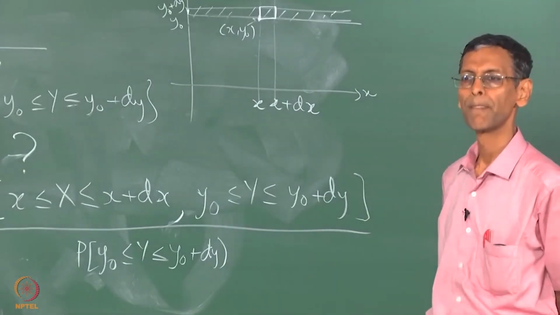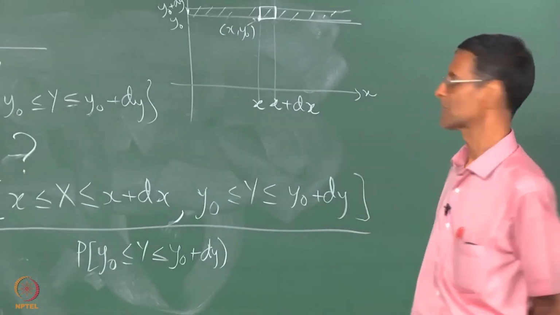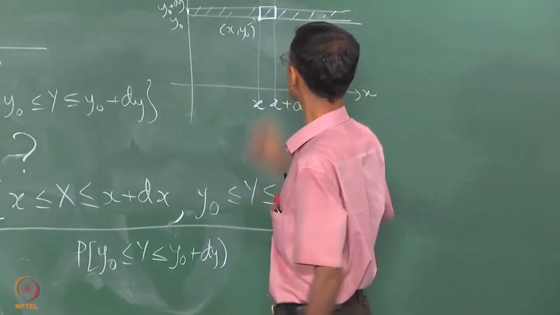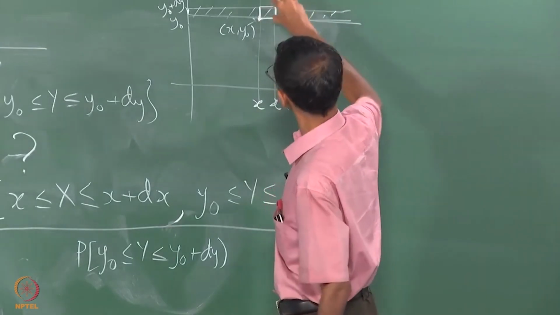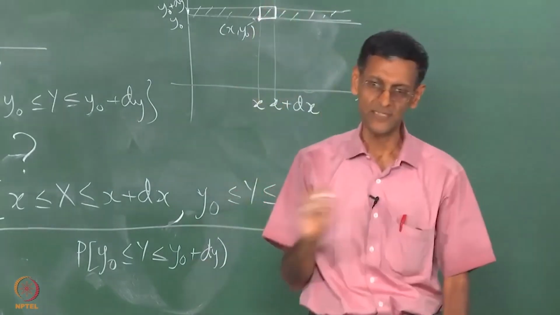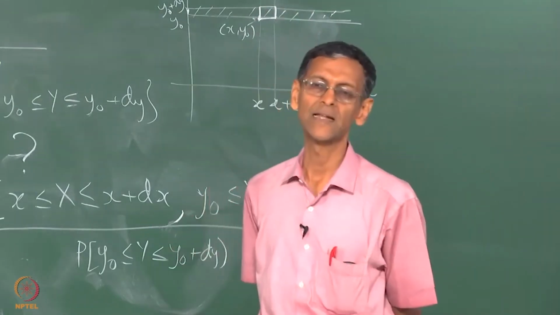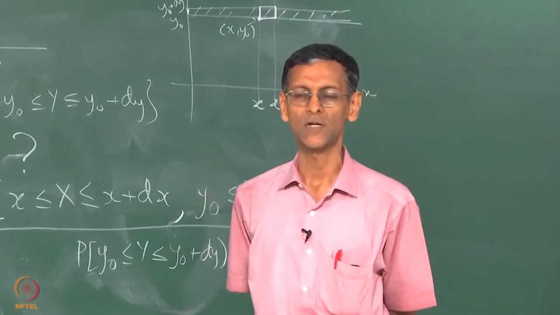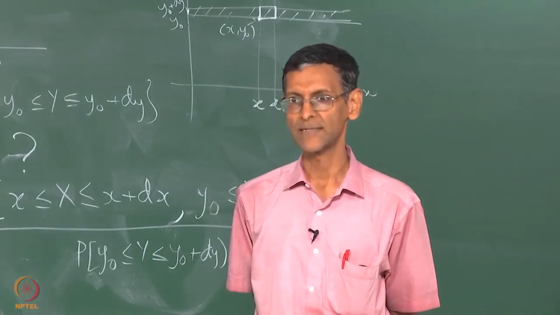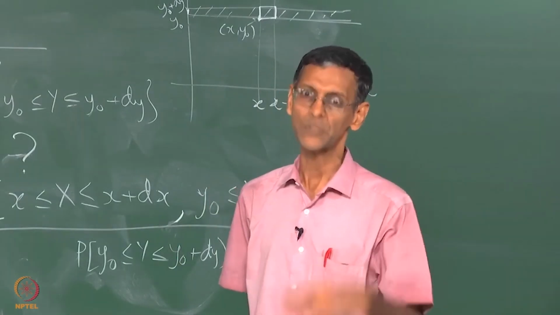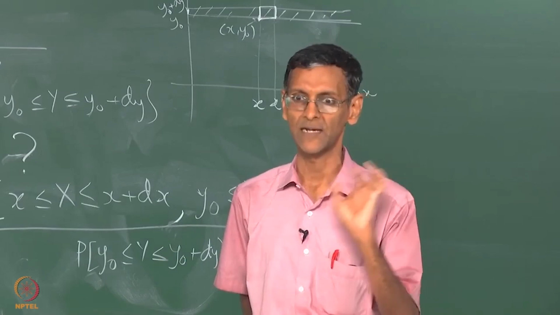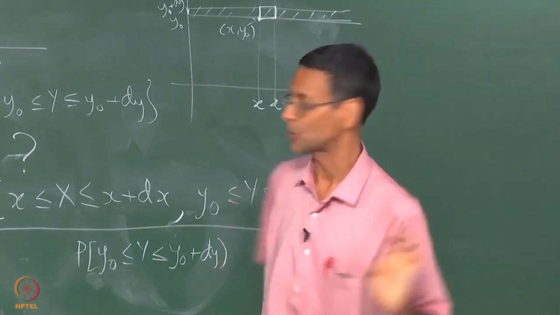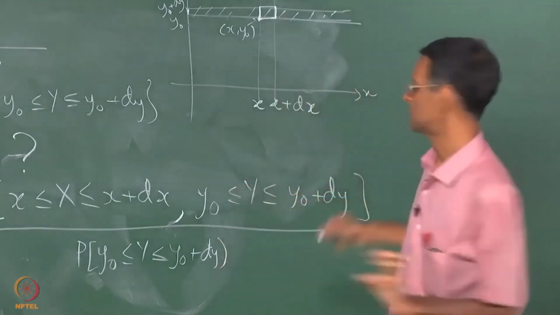Go back to your 2D calculus, right. So this is the volume, the probability under some small differential rectangle, and you can assume that the joint density function is reasonably constant over that whole rectangle, which is going to be true in the limit as you take both dx and dy going to 0. Eventually we are going to do that.